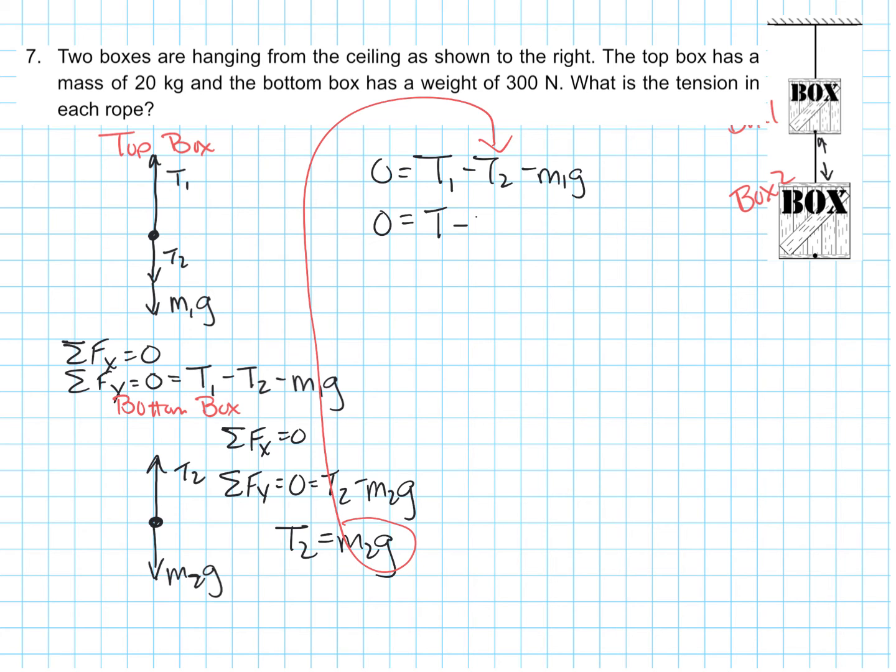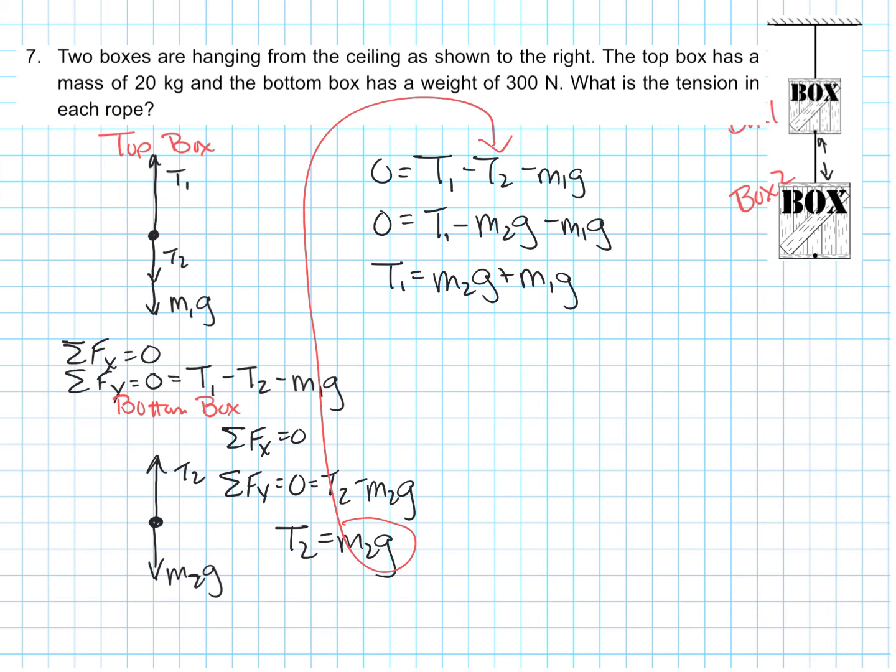So 0 equals T1 minus M2G minus M1G. Hey, great. Now I can actually put in my numbers and figure out what T1 is. If I move it to the other side of the equal sign, T1 equals M2G plus M1G.